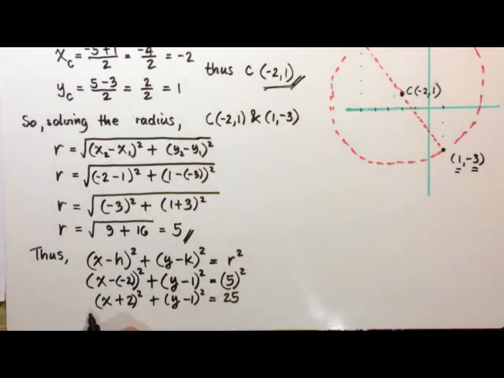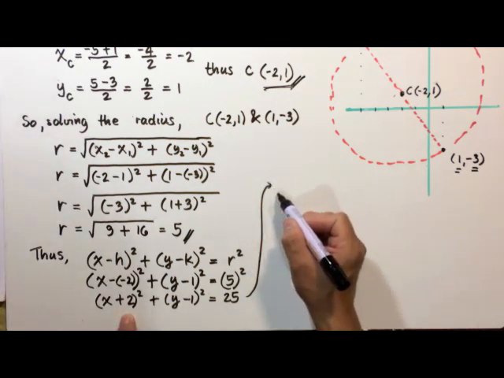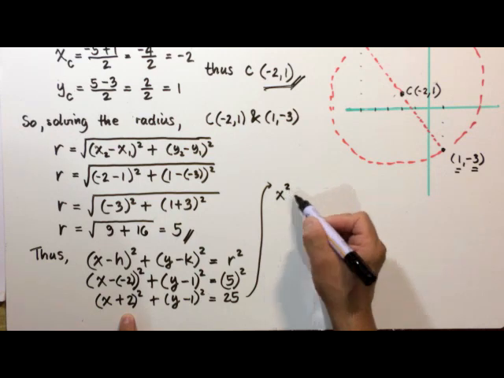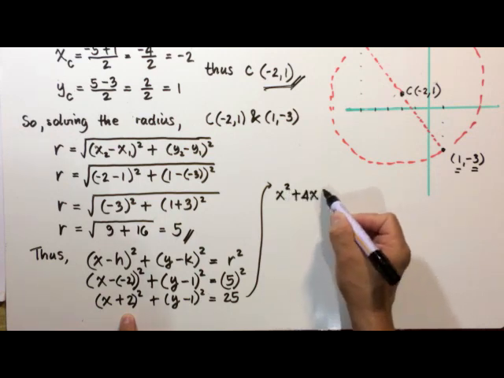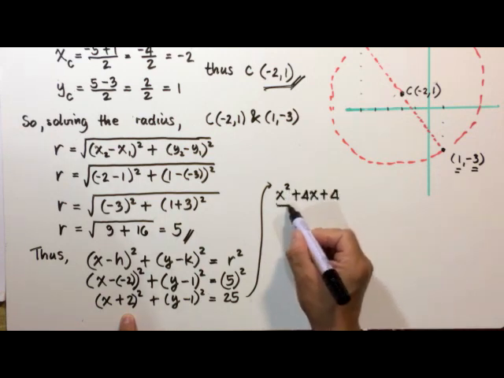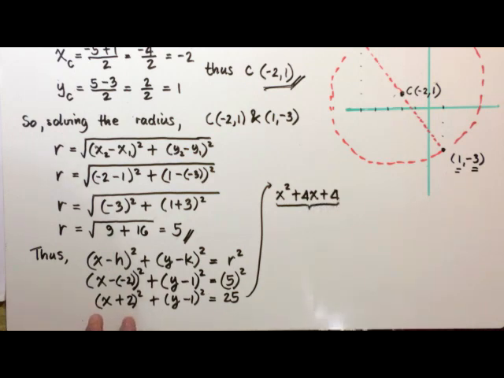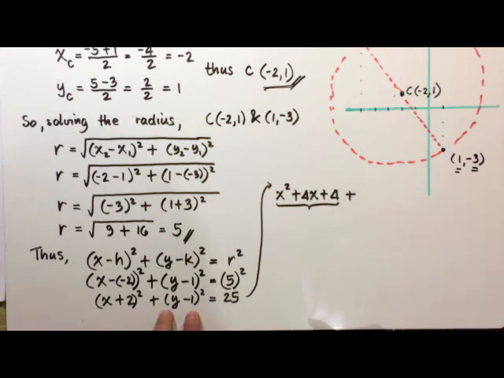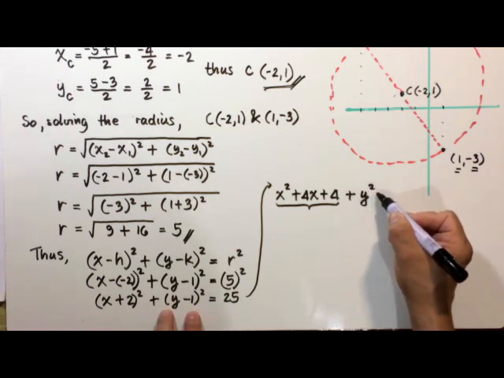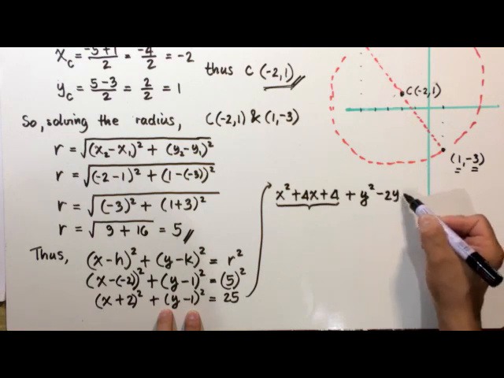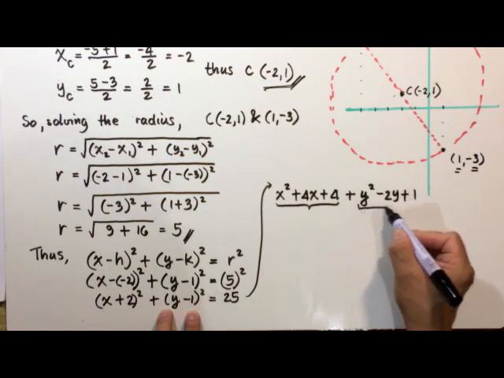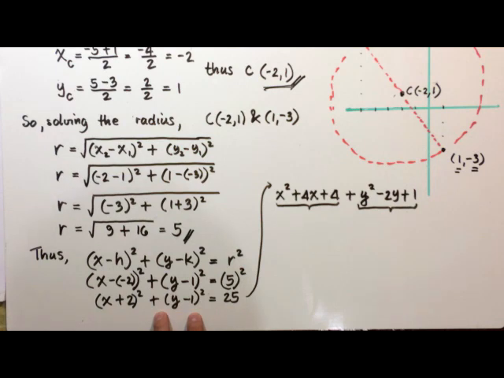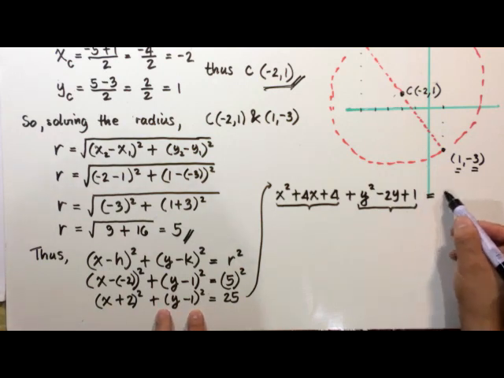If I square this binomial, I will get x squared plus 4x plus 4. And you can check that this trinomial is the same as the square of this binomial. Plus this one also, which is equal to y squared minus 2y plus 1, and this is equal to 25.